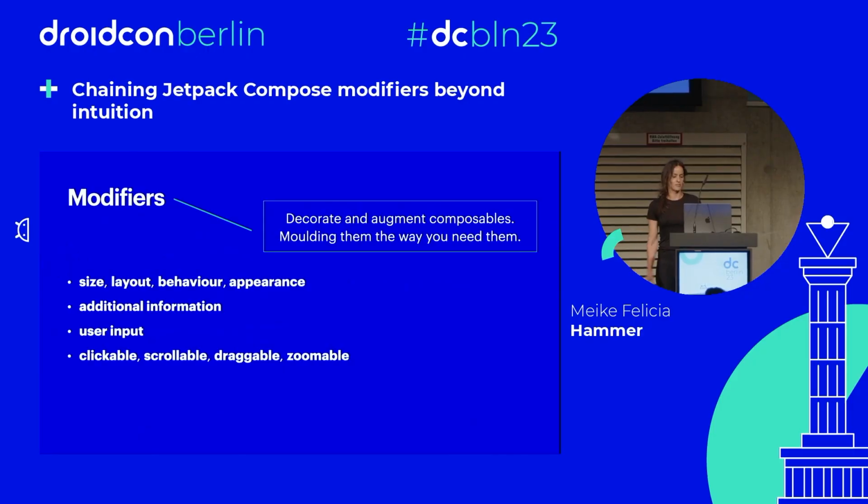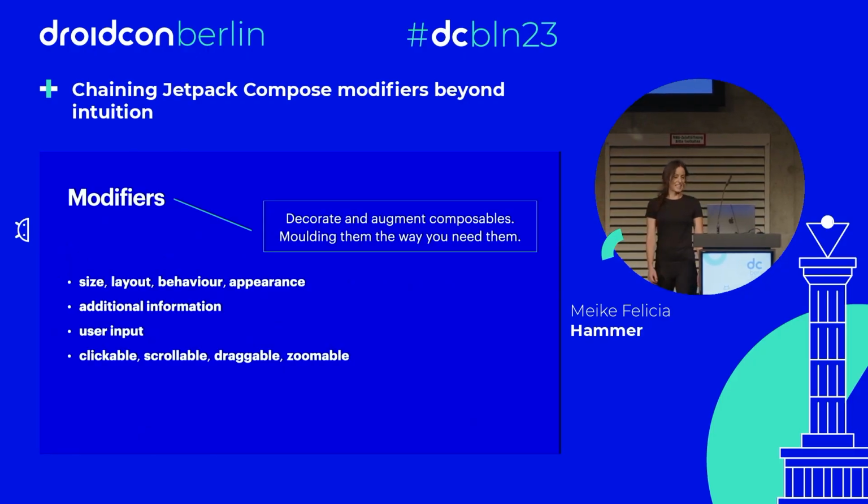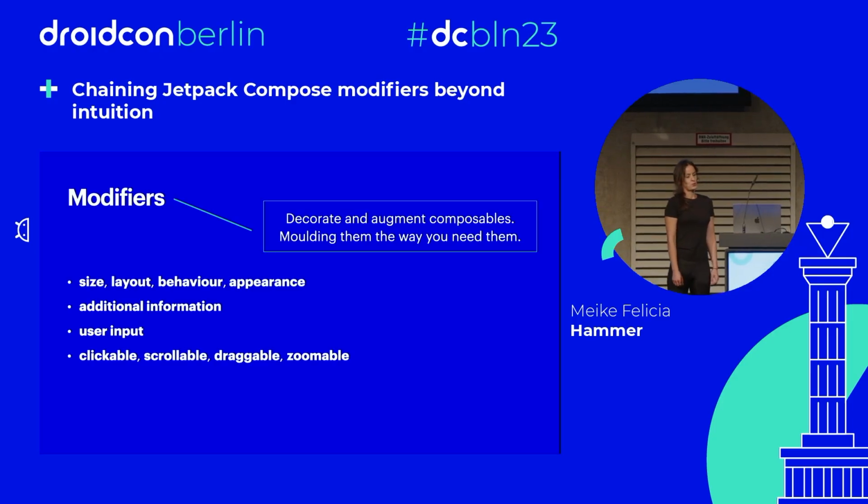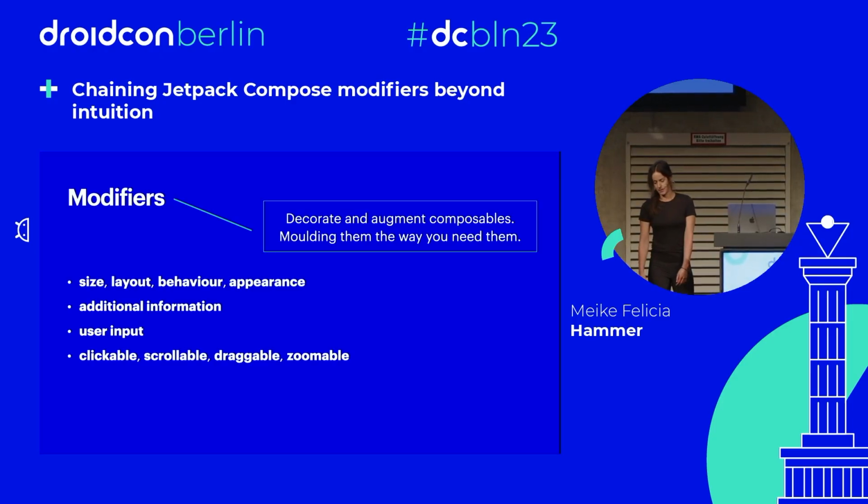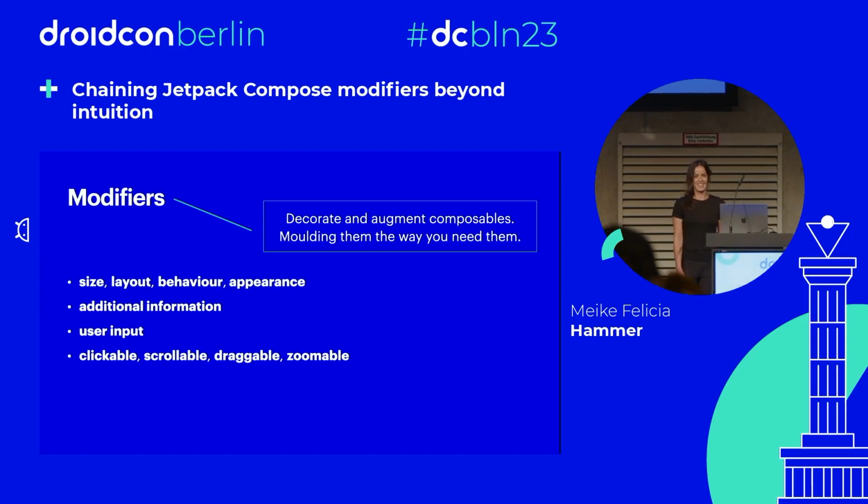And first of all, let's put us all on the same page and define what a modifier is and what it does. It's there to decorate and augment composables, to mold them the way you want and need them.